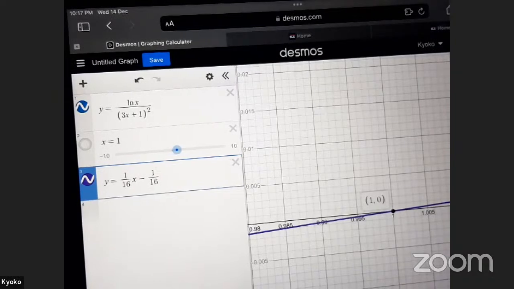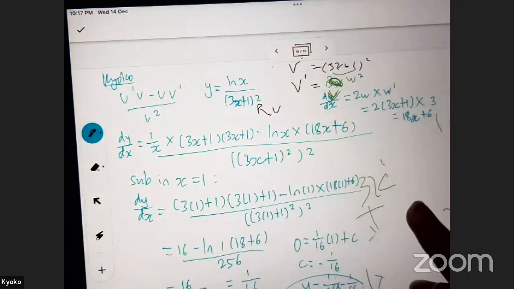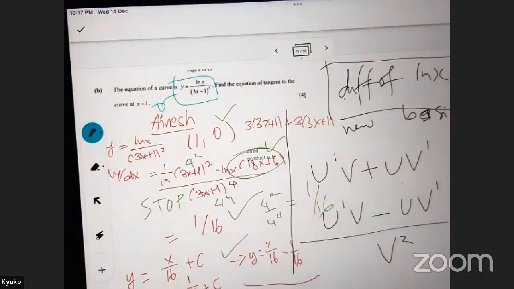Is Desmos telling you that you answered the question? The question is, the equation of the curve is this. Find the equation of the, go to page 15. Did you solve what the question wants, according to Desmos? Yes, correct.